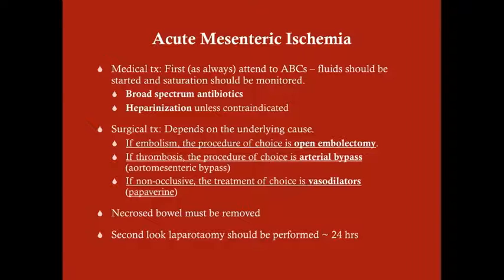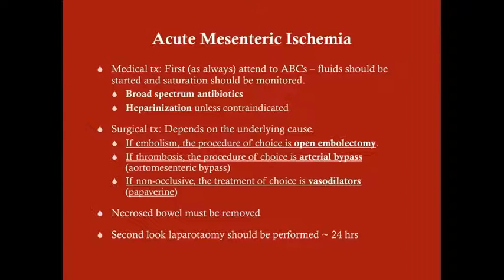And the reason that we do an open embolectomy as opposed to a catheter embolectomy is because we've already got to go into their bowel to see if there's any necrosed bowel. And if there is, we need to take that out. So you're going to have to go in anyway, so you may as well just take the embolism out the old-fashioned way. There's really no point in doing catheters because you're going to have to open them up anyway. So an open embolectomy is what we do if it's an embolism.